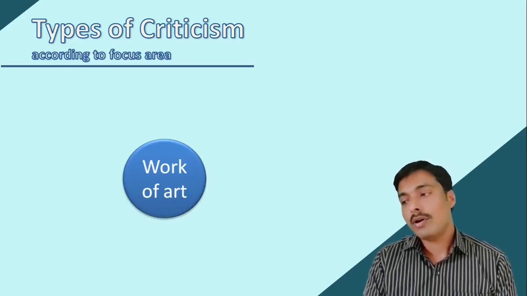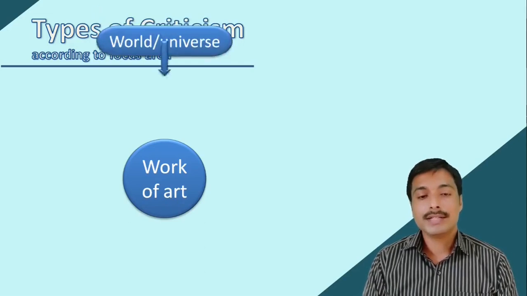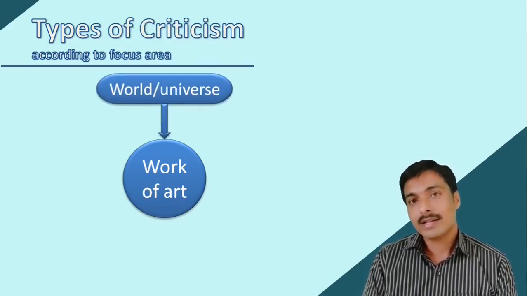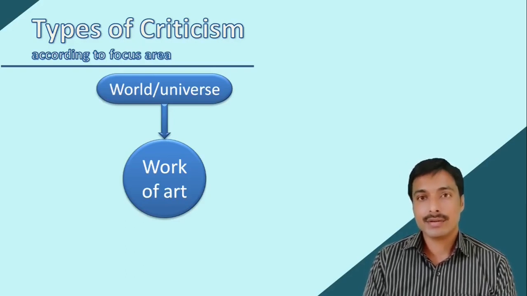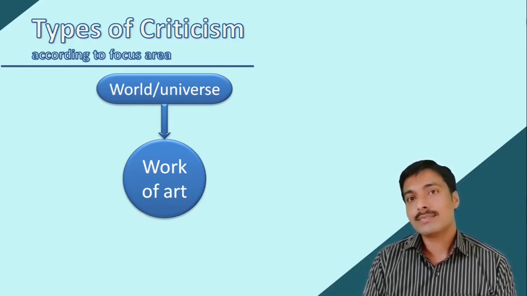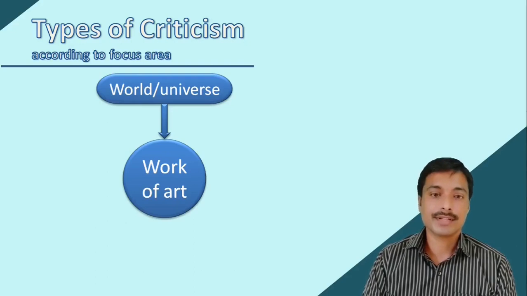So the core of all this is the work of art, and work of art is often defined as imitation or mimesis. So Plato, Aristotle, and subsequent English and other critics also accepted this definition of literature.